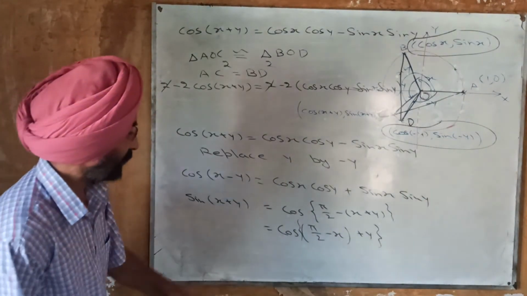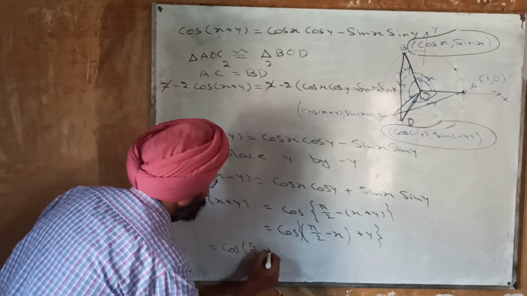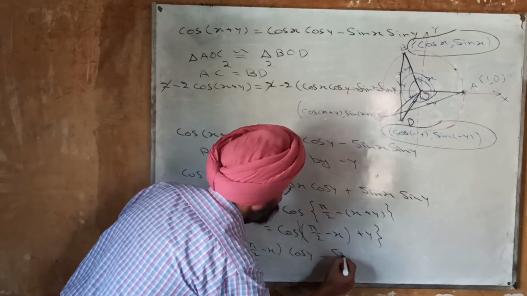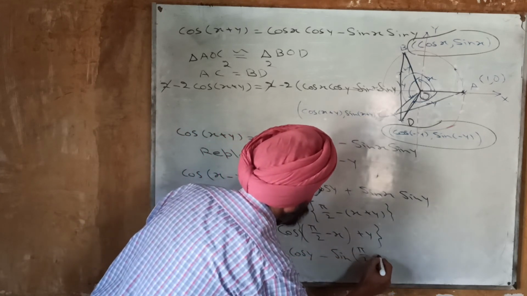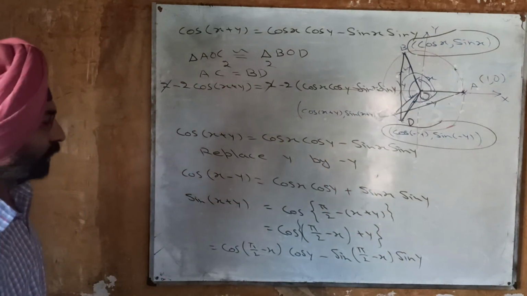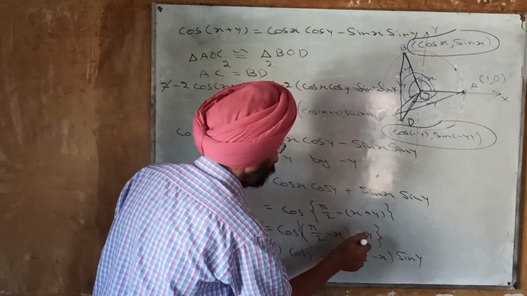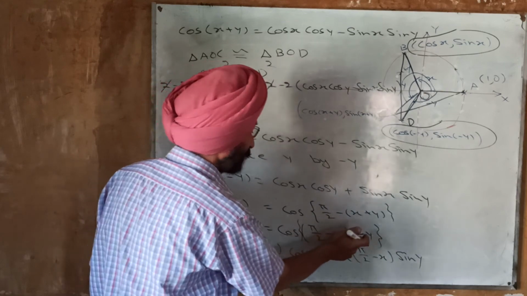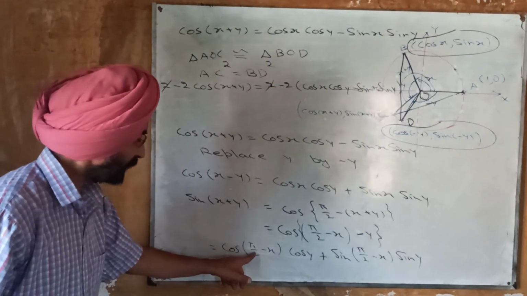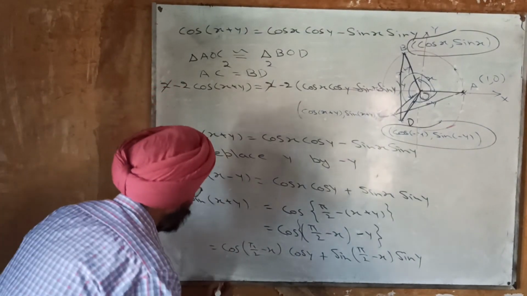So use it here, you will get cos(pi by 2 minus x) cos y minus sin(pi by 2 minus x) sin y. Here a little bit of change is there. It is actually minus y, so the formula will be for cos(x minus y), and you will have a positive sign here. Now, what is cos(90 minus theta)? Cos(90 minus theta) is sin theta, so it will become sin x.